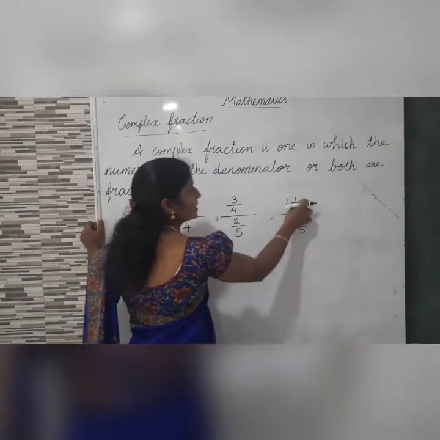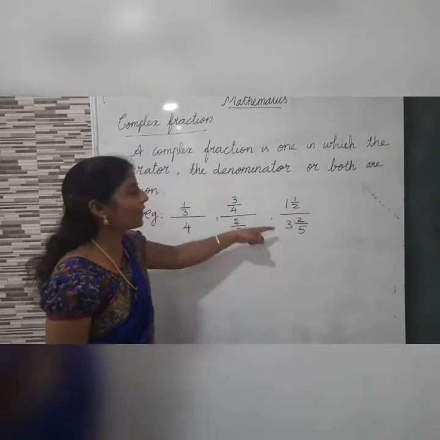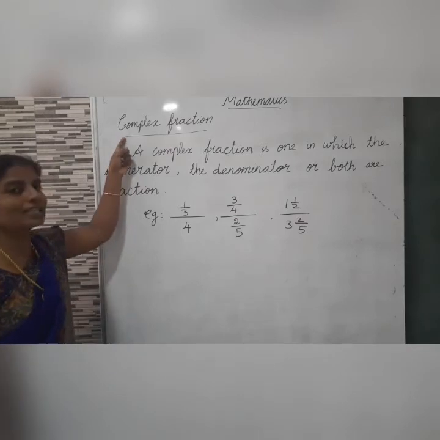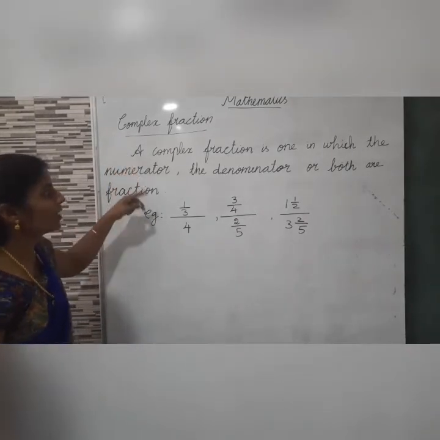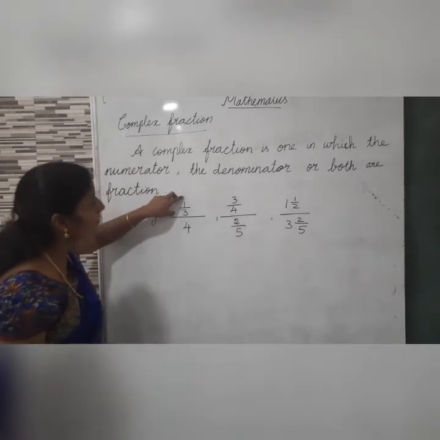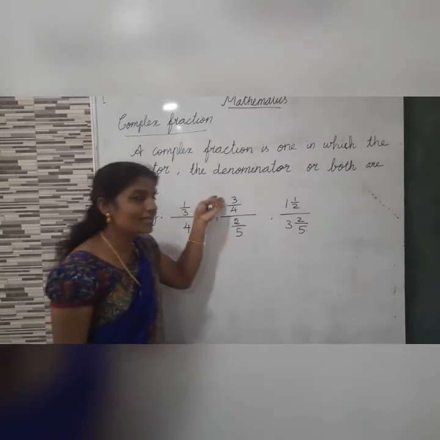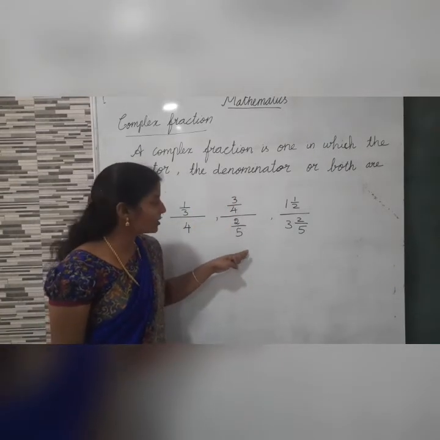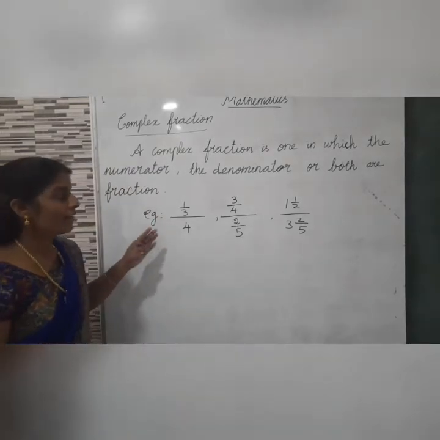Are you clear? What is complex fraction? When the numerator is in fraction form, or the denominator only, or both numerator and denominator are in fraction form, that is called complex fraction.